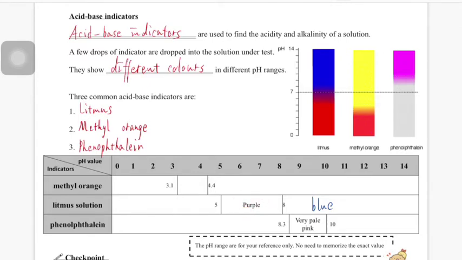And then when it gets into the acidic part, below 5, you will see a clear red color for litmus solution.